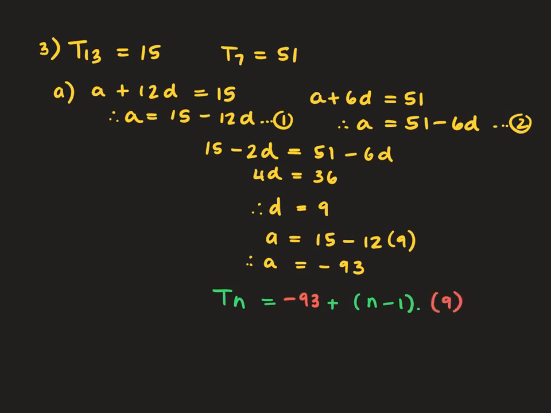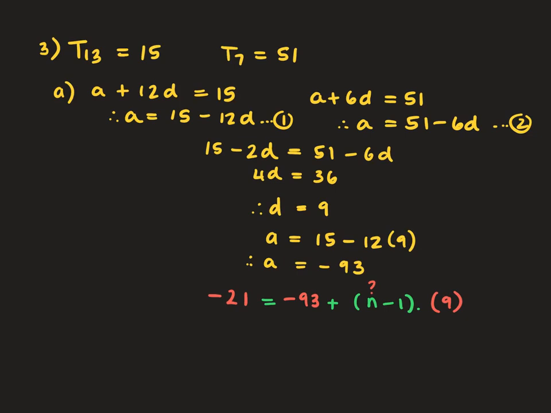This question asked, which term is equal to negative 21? So the value of the term is negative 21. You are trying to solve for n. Which term? And now we just go about rearranging this so that we can solve for n.